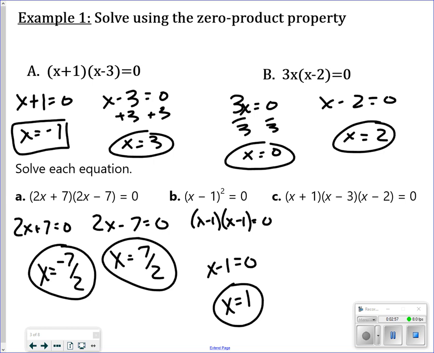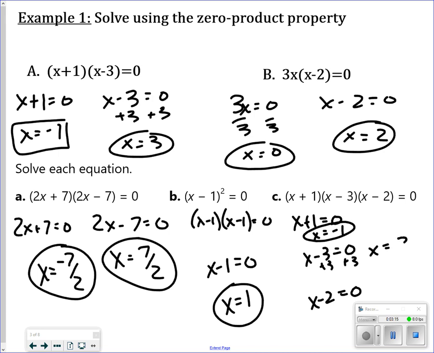And C has 3 factors. You're rarely going to be factoring something with 3 of them, but set each of the factors equal to 0. So I subtract 1, here I add 3, and here I add 2. Every time there is a factor, set it equal to 0 and solve.